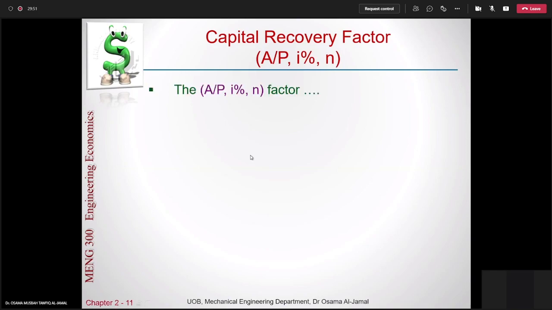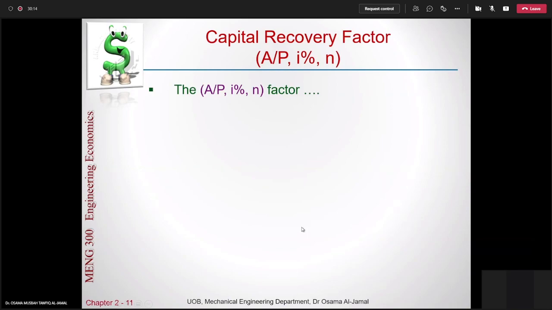A given P, I% N, to find the annuity for a single payment, single cash flow at year 0 or year 1 or year 2, and always that P is 1 to the left of the first annuity.